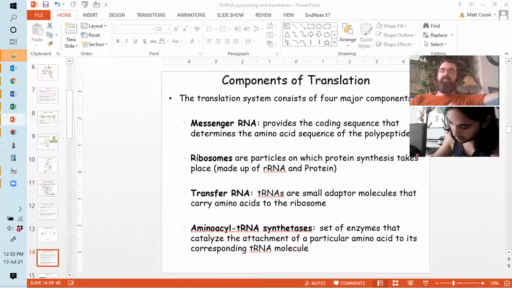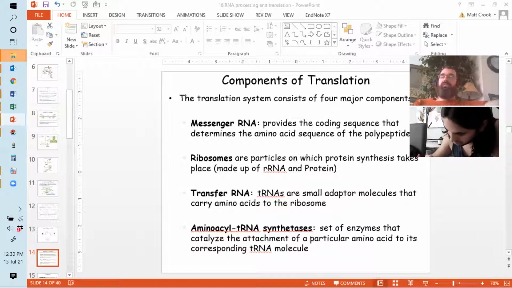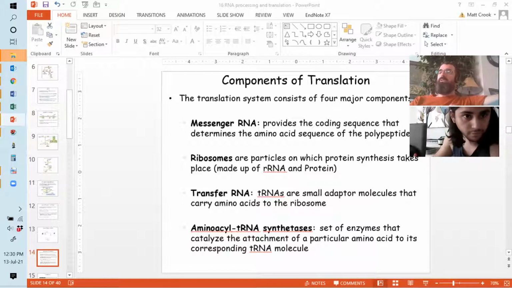And finally, and this is something that people often forget, you have to have a very specific way of attaching an amino acid to its specific tRNA. Because if you want to have translation, you have to be very careful about matching codons to amino acids. So you don't want to go putting amino acids on any old tRNA. It has to be very specific.